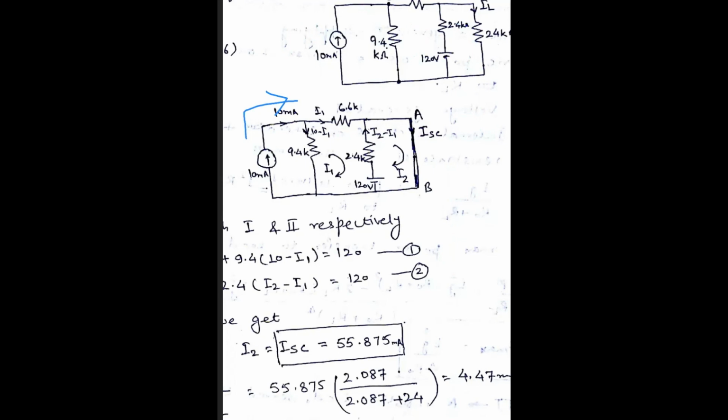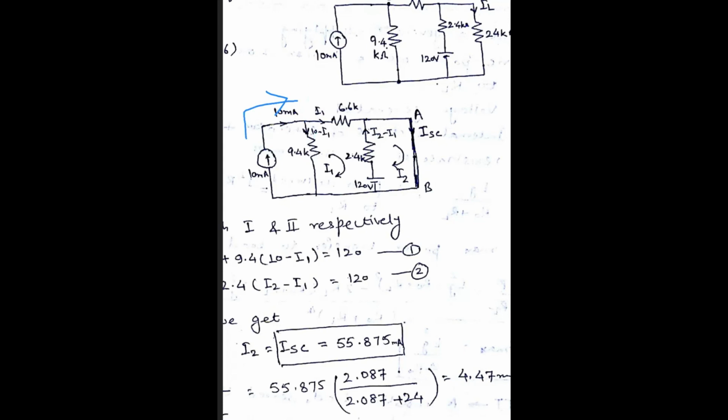So in the first node here, 10 milliampere is the incoming current and I1 is the outgoing current. So the current flowing through the 9.4 kilo ohm resistance will be 10 minus I1.